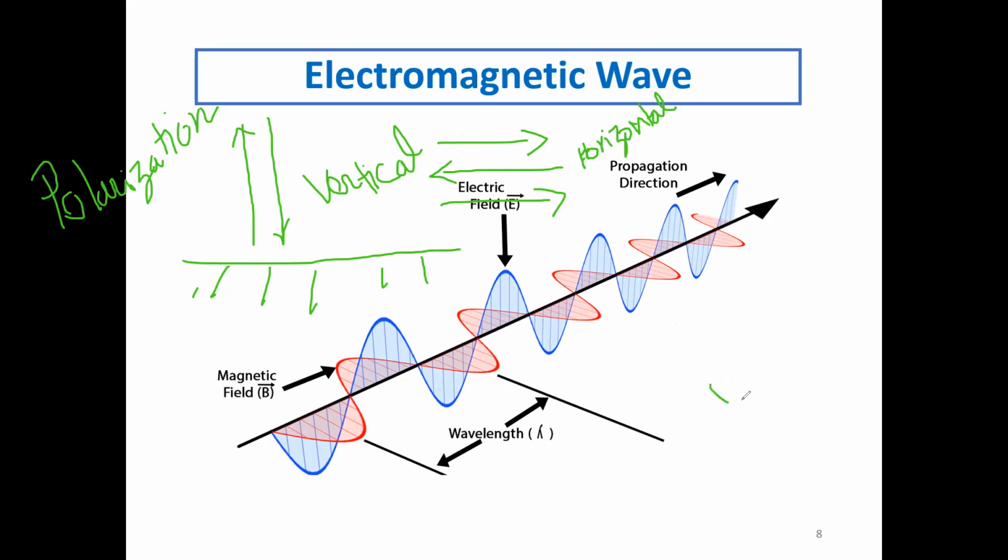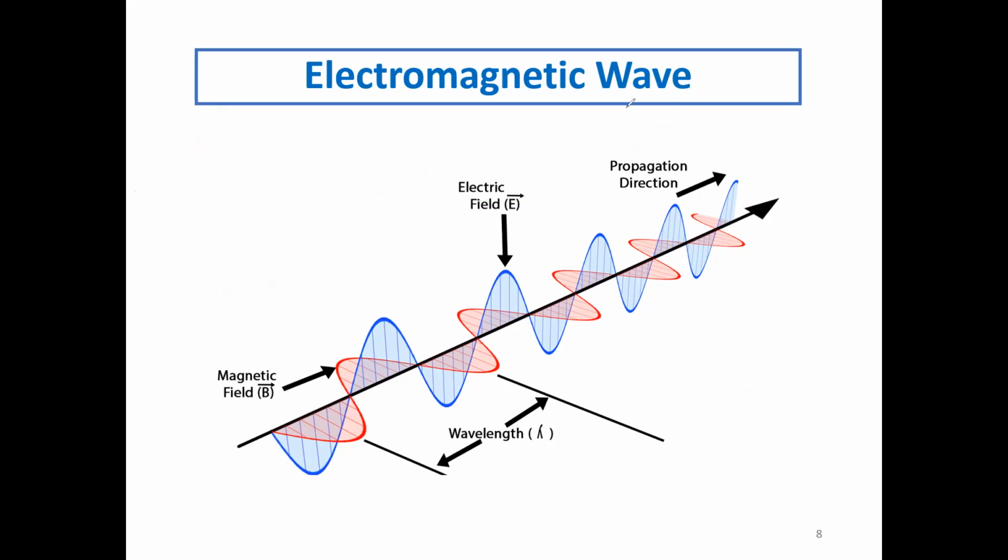I'll show you the picture, but I cannot draw this, it is difficult. So these are vertical polarization, horizontal polarization, and circular polarization.